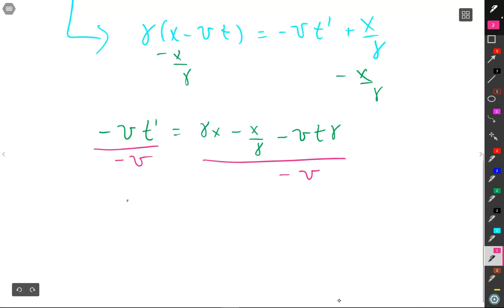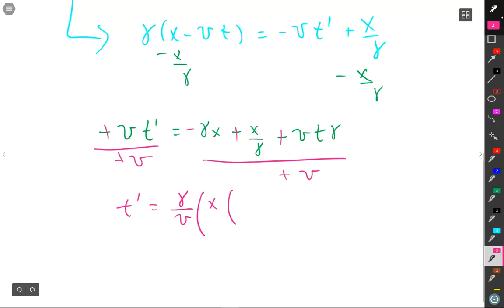So I have t prime is equal to, and I'm going to factor out a gamma over v. Change the signs of everything. So the thing that was plus is negative. Factor an x out of those first two terms. This x was multiplied by gamma.